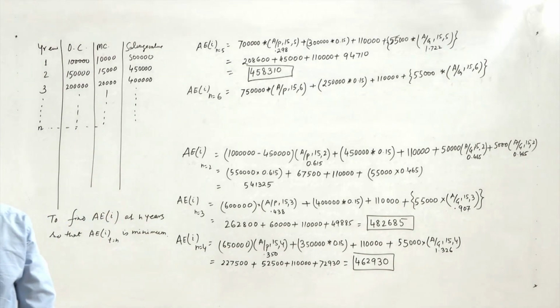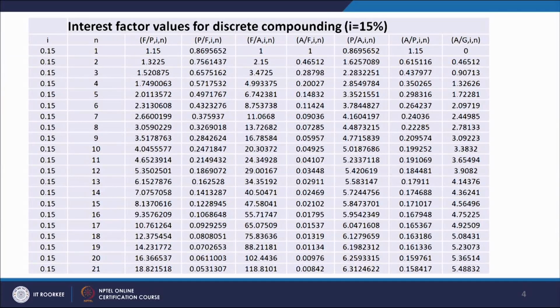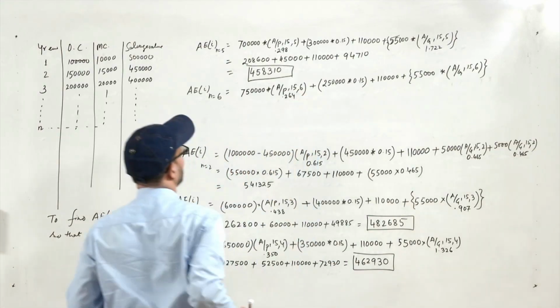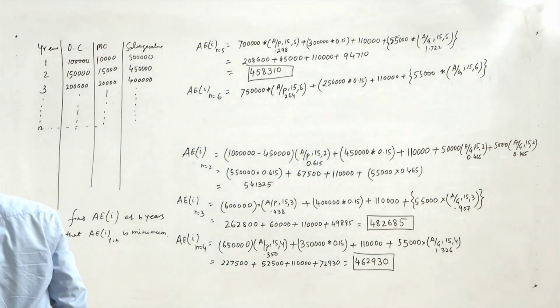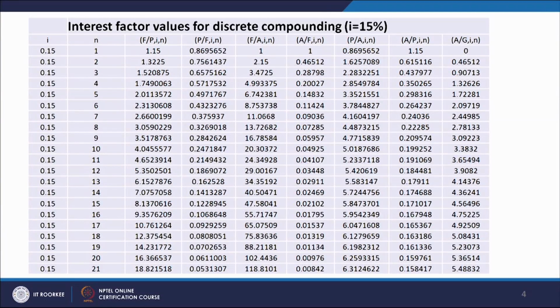Now, A by P 15.6 is 0.264 and A by G 15.6 is 2.097.